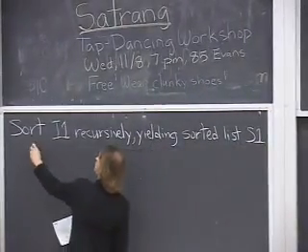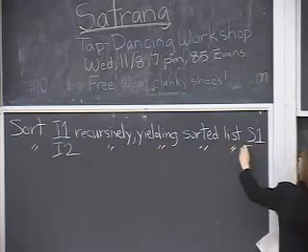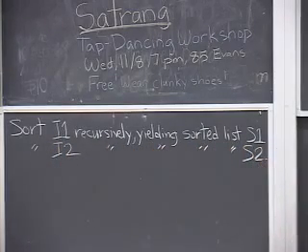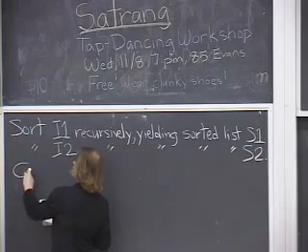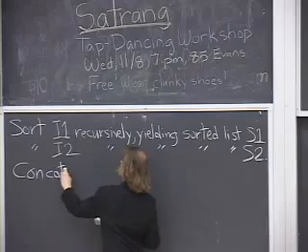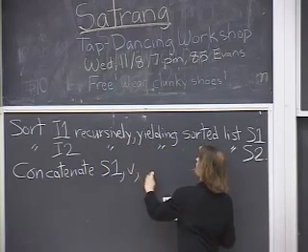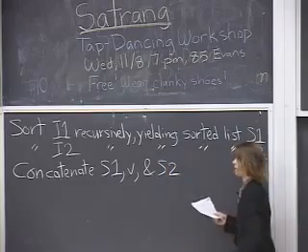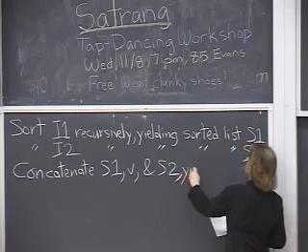And you sort I2 the same way, recursively. And once we've got these two sorted lists, we just concatenate them together, with V in the middle. And that gives us our final answer.